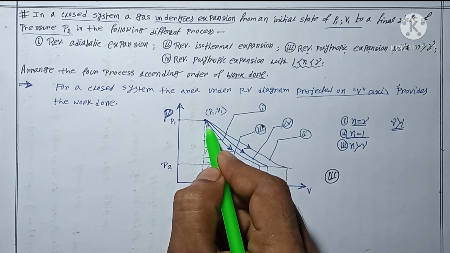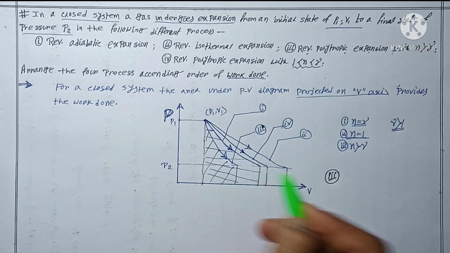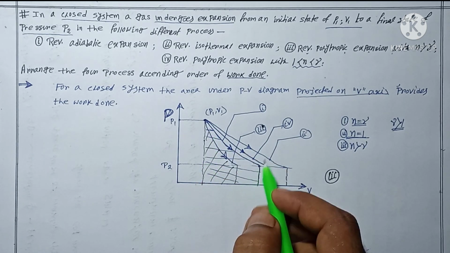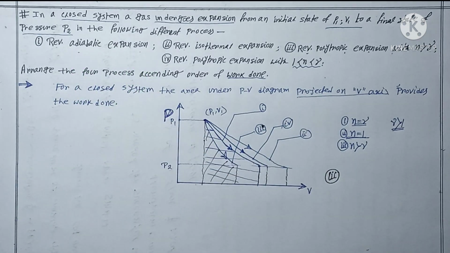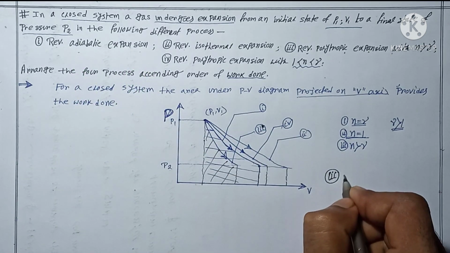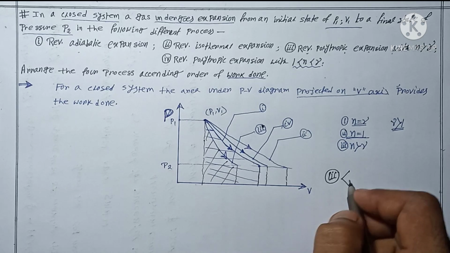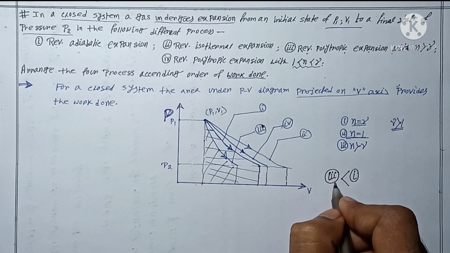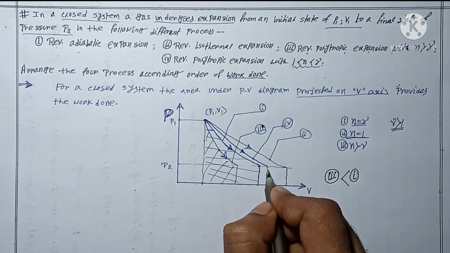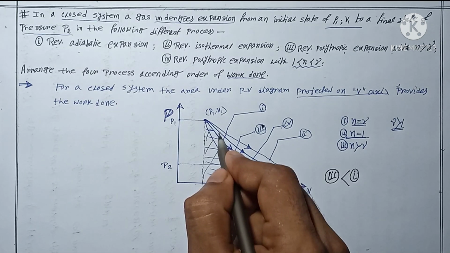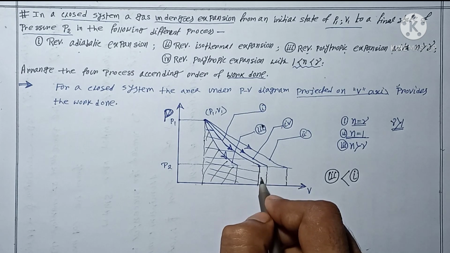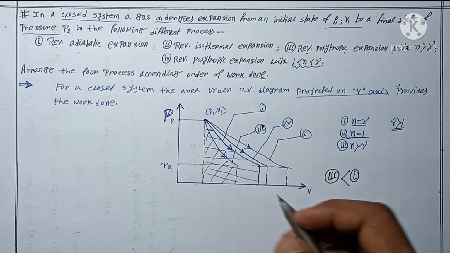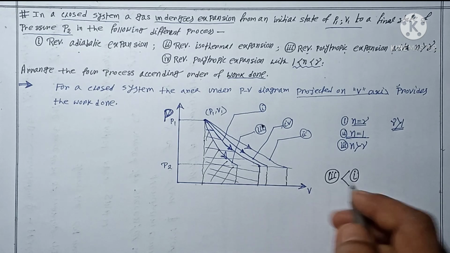This total area from here to here provides the work done during process 1, so the work done will be more during process 1 as compared to process 3. For process number 4, the area is a little more than that of process number 1, meaning the work done is also more than process number 1.